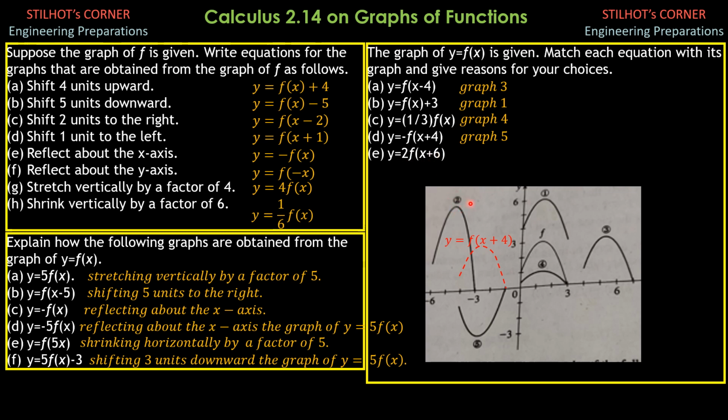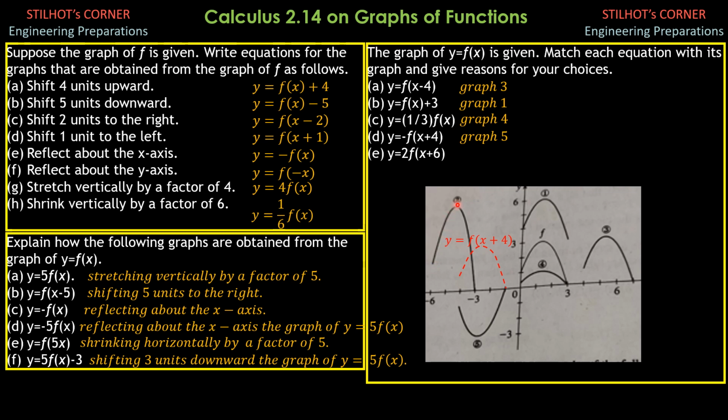But let me explain it first. Y equals 2 times f of x plus 6 means this original graph here is being shifted 6 units to the left. So it will now be here. Then it is stretched vertically by a factor of 2. So stretching it vertically by a factor of 2, from positive 1, this ordinate here, it becomes 2.